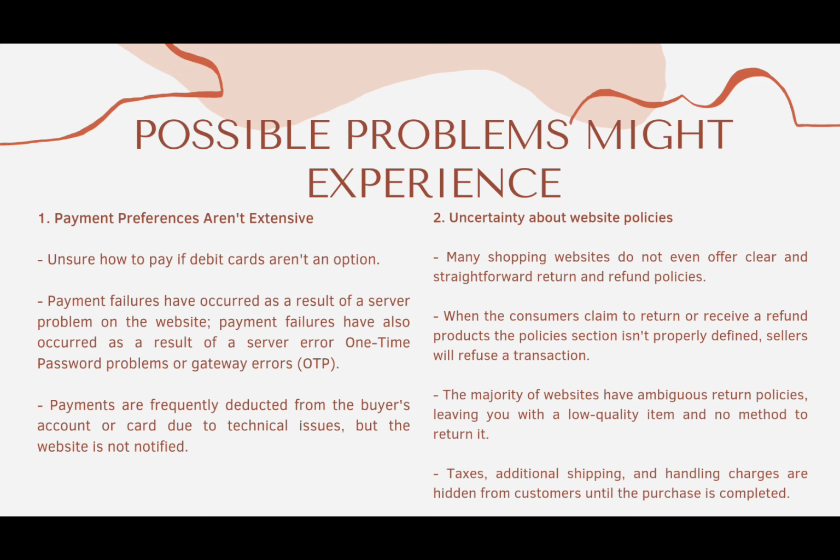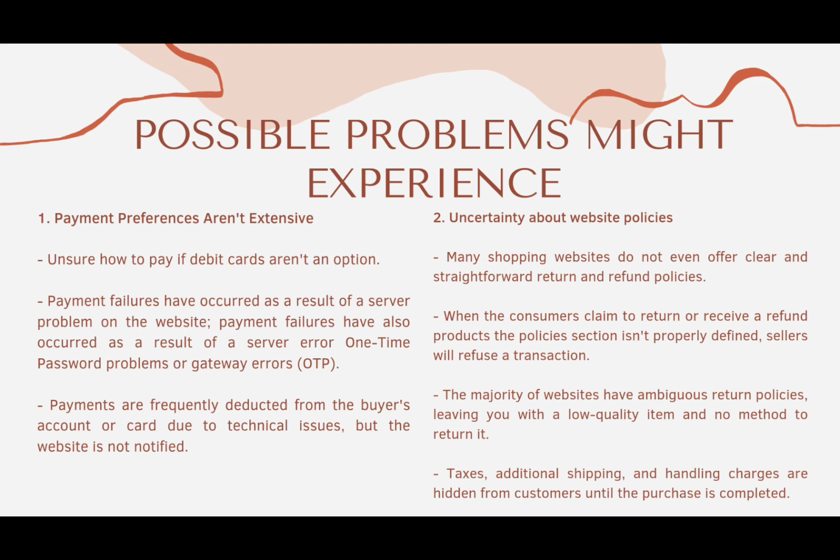So number two here is uncertainty about website policies. Many shopping websites do not even offer clear and straightforward return and refund policies. The policy section isn't properly defined and sellers will refuse transactions.